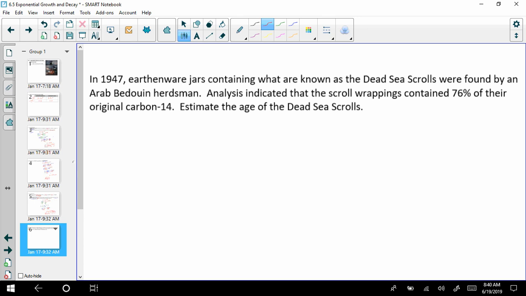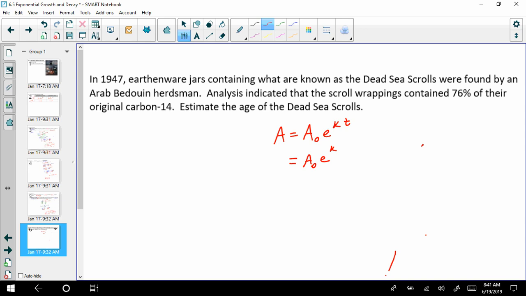So, I'm going to write my equation here. All right, let's see what we're working with. Do I know how much of this I started with? Do I know the original amount? I don't. Okay, so I'm going to have to leave that as A sub 0. And I have e. I don't know k.